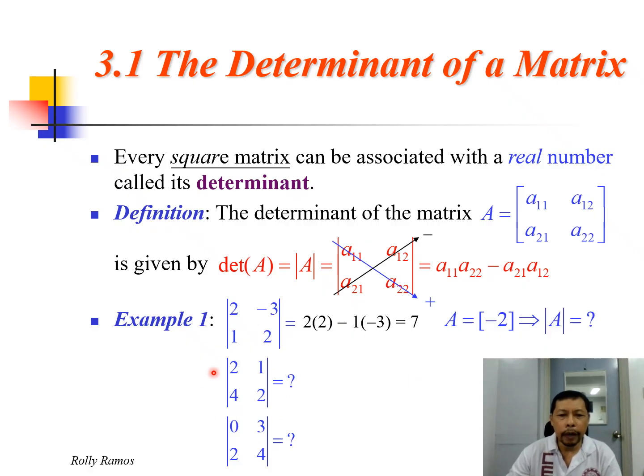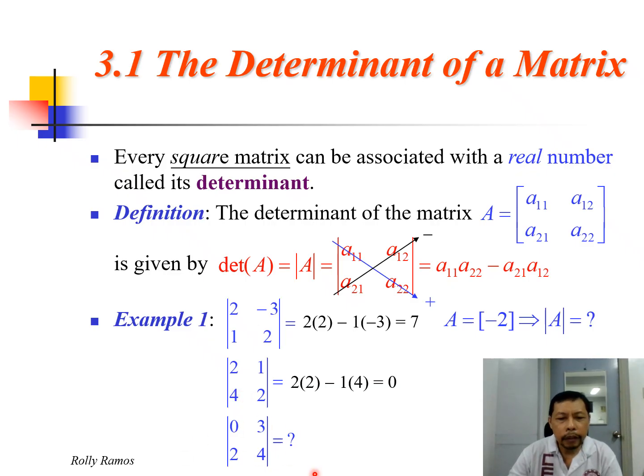How about the second one? Okay, the elements are 2, 1, 4, 2. So again, applying the same formula, multiplying the elements in the diagonals, 2 times 2 minus 4 times 1, and that would be equal to 0. 4 minus 4 is 0. So the determinant of this matrix is 0.